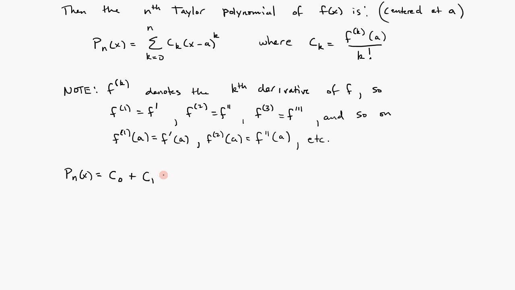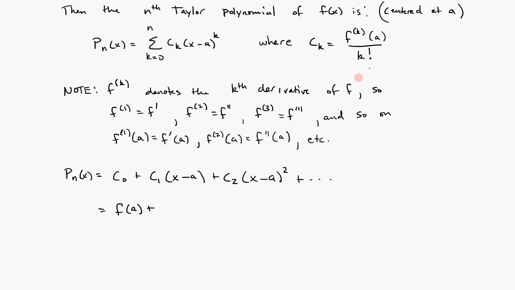Actually, let me write out the coefficients: c_0 plus c_1 times (x minus a) plus c_2 times (x minus a) squared, and so on. So c_0, using this formula, the 0th derivative of f is just the original function, and 0 factorial is equal to 1. So this is just f of a.